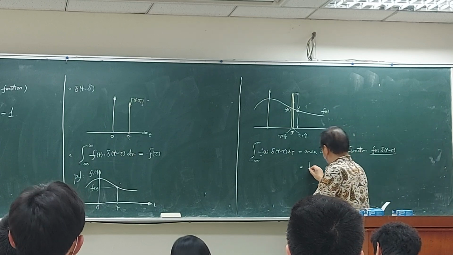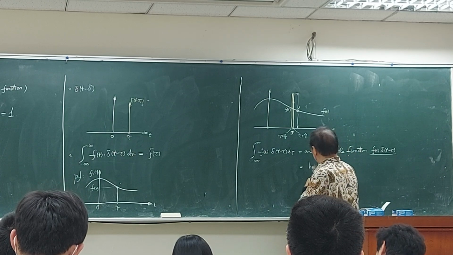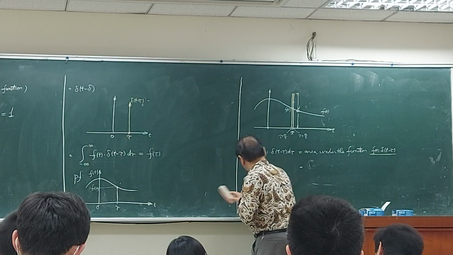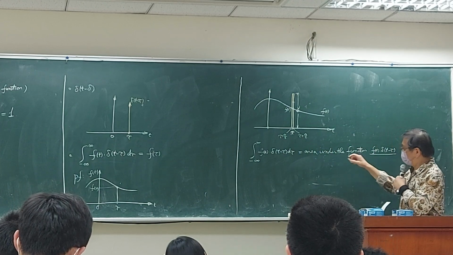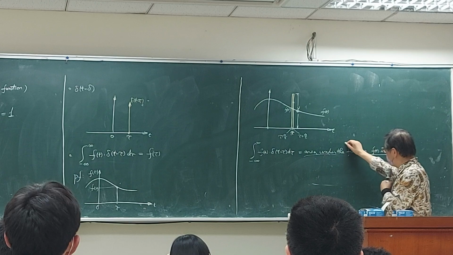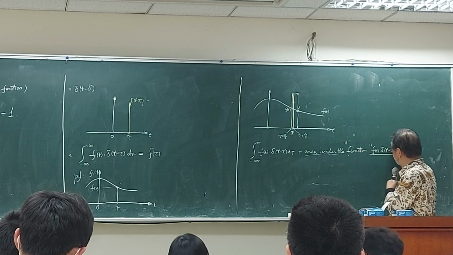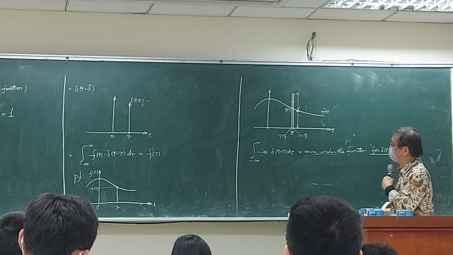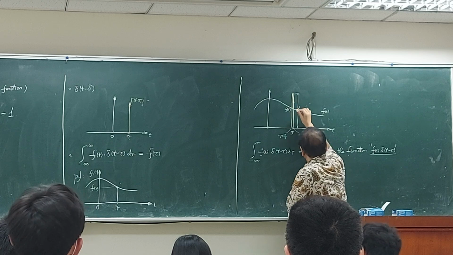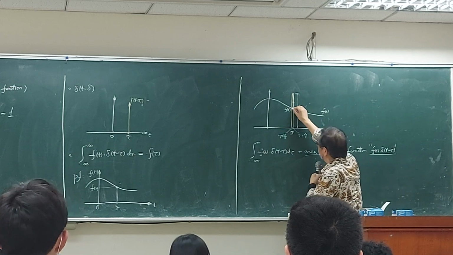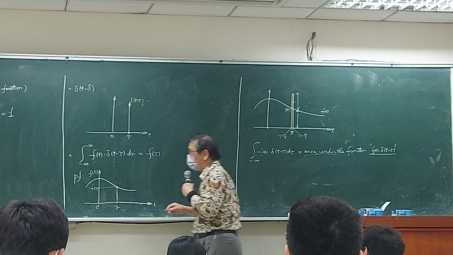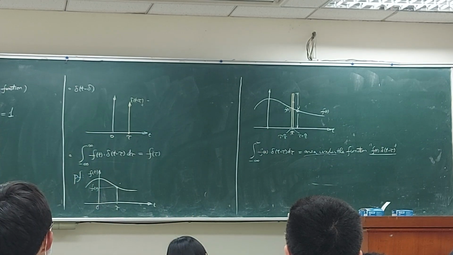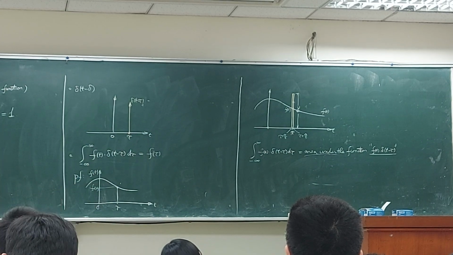Let me look at this figure here one more time. We are going to consider the area under the function f of t times the delta function. This is f of tau at t equals tau, and all the other function values are zeros for the delta function.